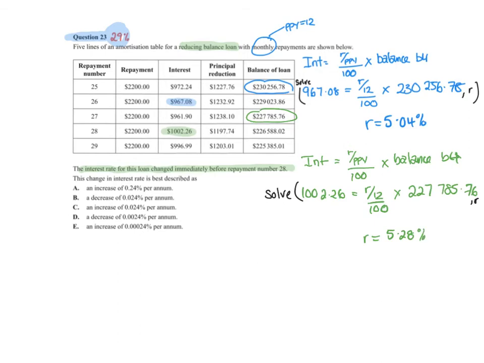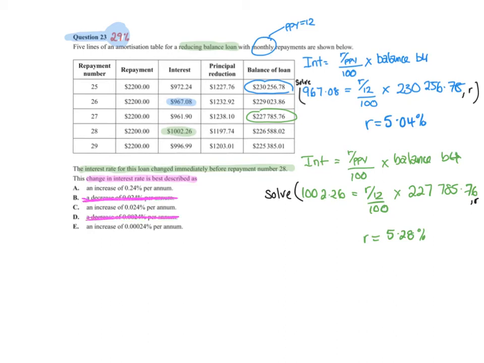Now we have to be really careful here. They actually said what is this change in interest best described as. Can you see whether they're saying how much it went up or down by? Now you already told me you thought it increased, didn't you? So get rid of decrease so you don't accidentally do that wrong.